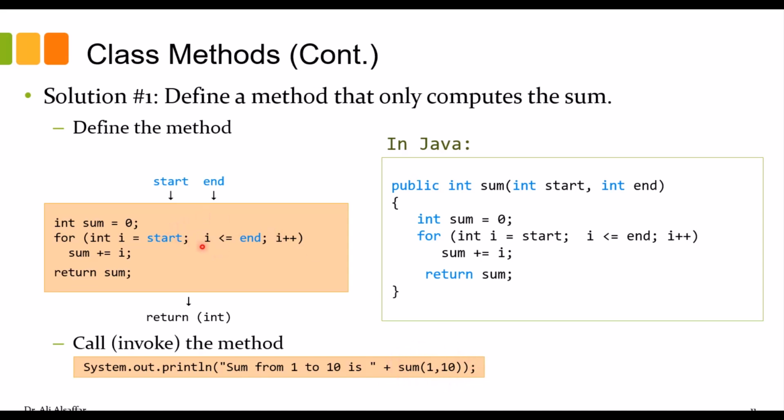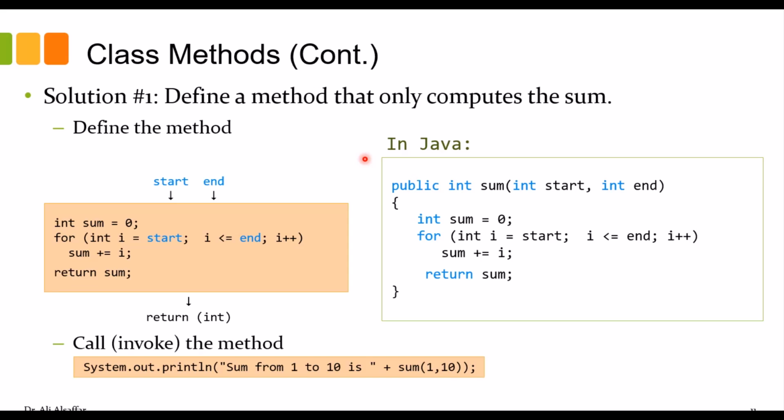I expect that the name of the method is sum, and you give it the 2 inputs. 1 will go to start and 10 will go to end, and the method will do the calculation, and the return value, which is the summation, will be given to println, and println will print the answer. Now let's go to the definition of the method.